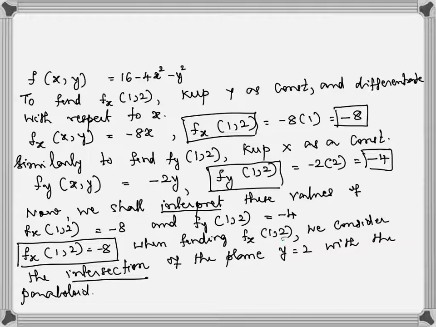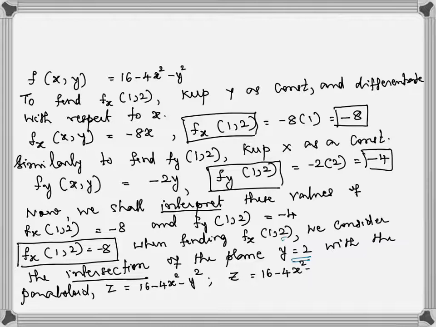So we get a curve of intersection. We are going to substitute y equal to 2 into the surface equation, z equals 16 minus 4x squared minus y squared, where y is replaced by 2.